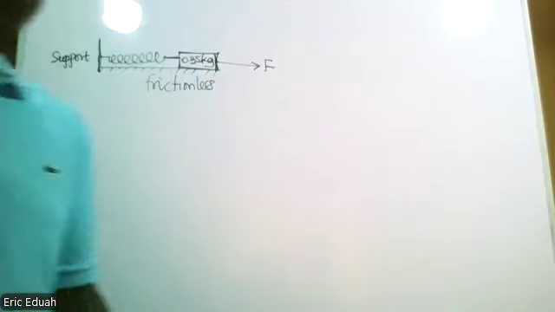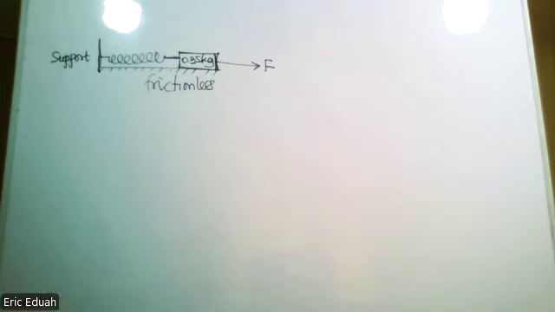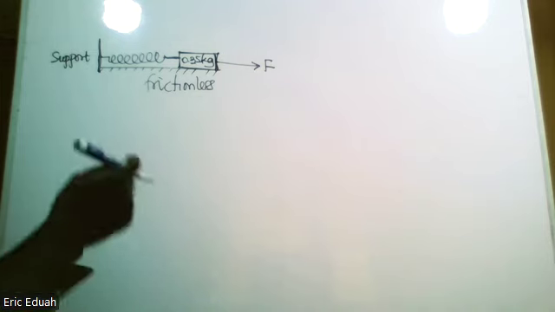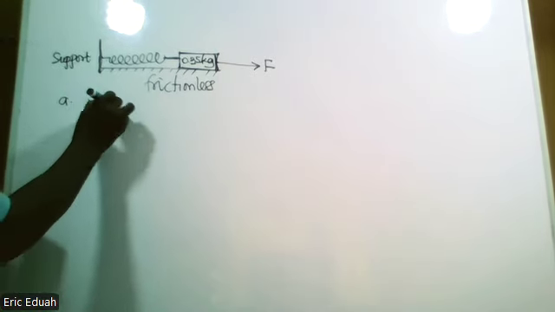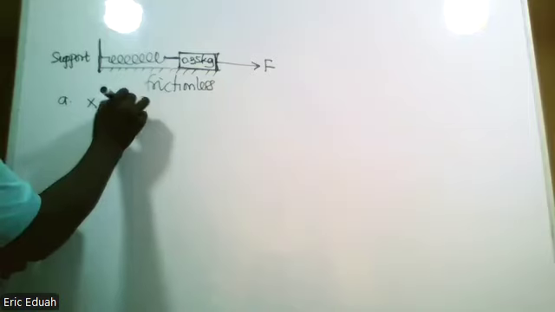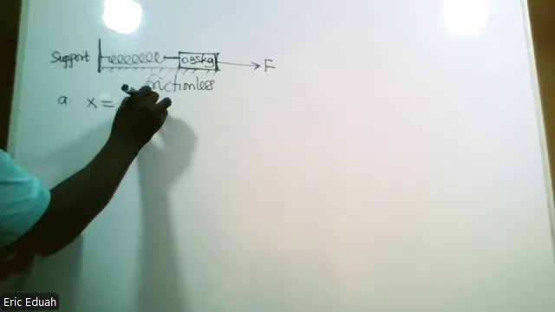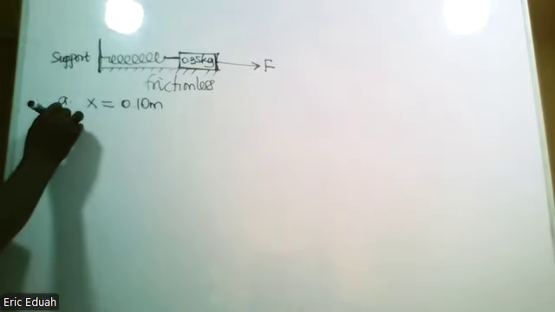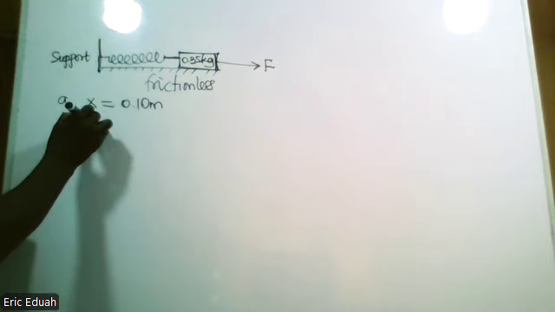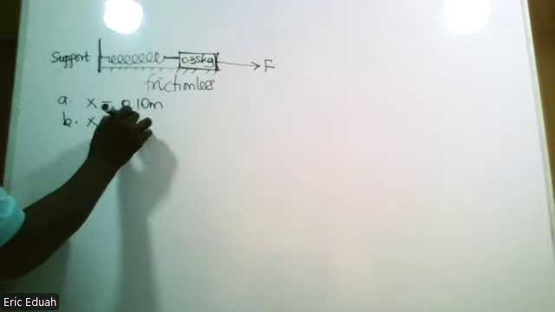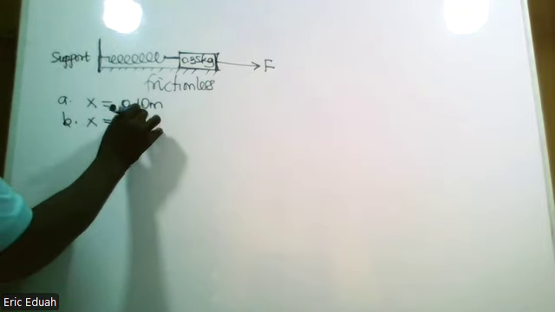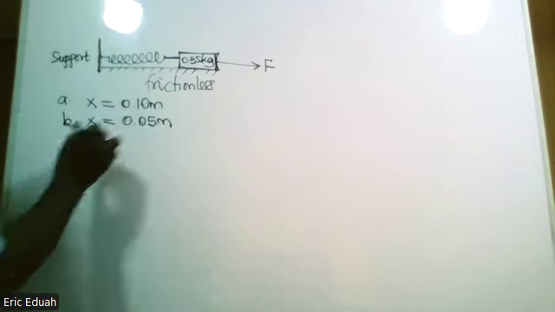All right, so this is it. Then we are told it is displaced by: A, x is equal to 0.10 meter. B, x is equal to 0.05 meter.